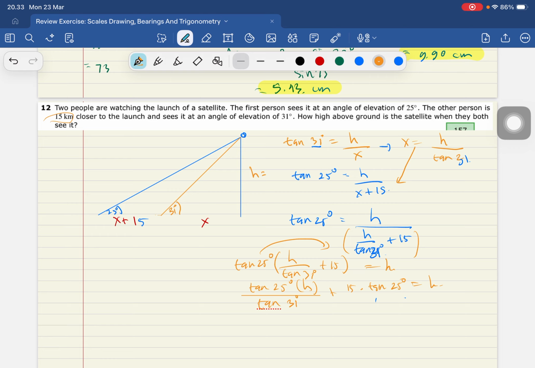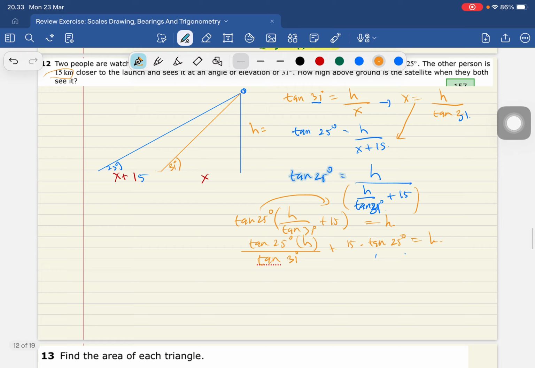Okay, let us collect the h terms into one side, so we move it to the left side. I will continue here to make more space. So we have 15 multiplied by tan of 25 degrees equals h minus tan of 25 degrees times h divided by tan of 31 degrees.